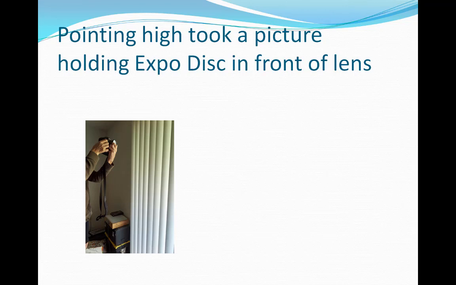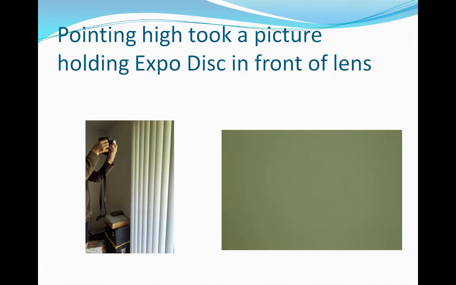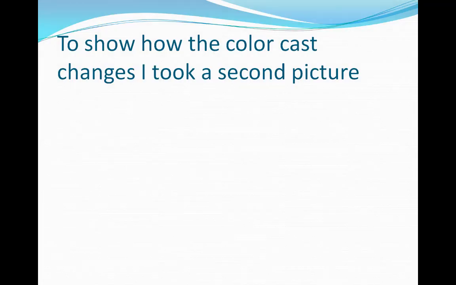Typically, if you have no cast in the lighting, you should get a neutral gray look on the back of the LCD. But in this case, we do not have gray, we have green, which indicates a green cast, which is the sun bouncing off green grass up in the top end of the blinds.